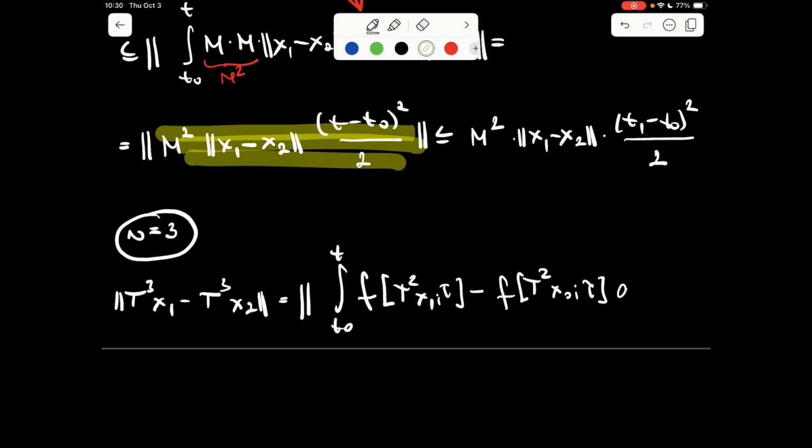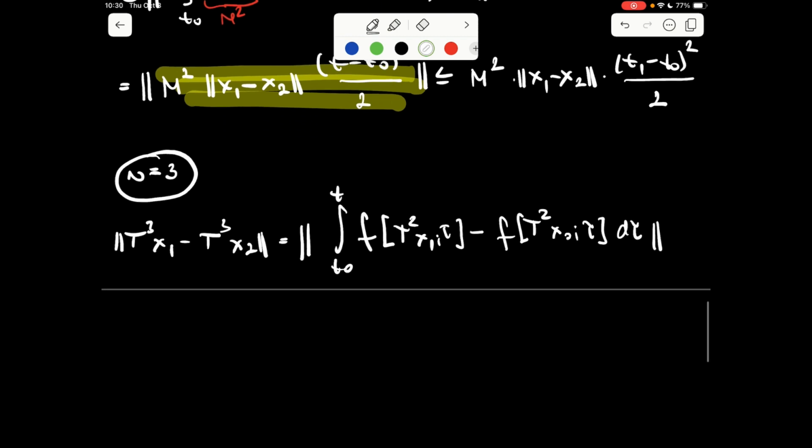Okay. Now we can take the absolute value. Now we use the Lipschitz condition. So after a few steps, let me skip them, we will have this line.